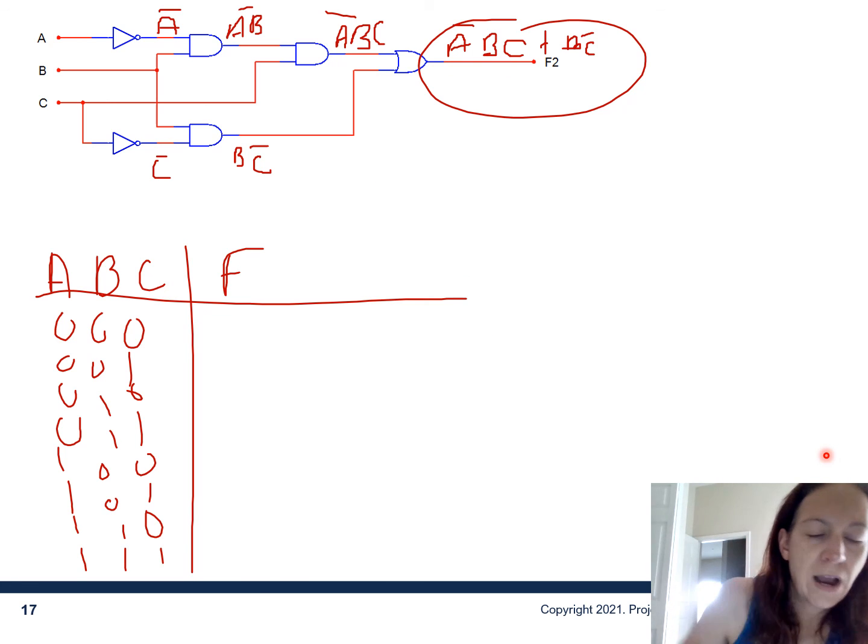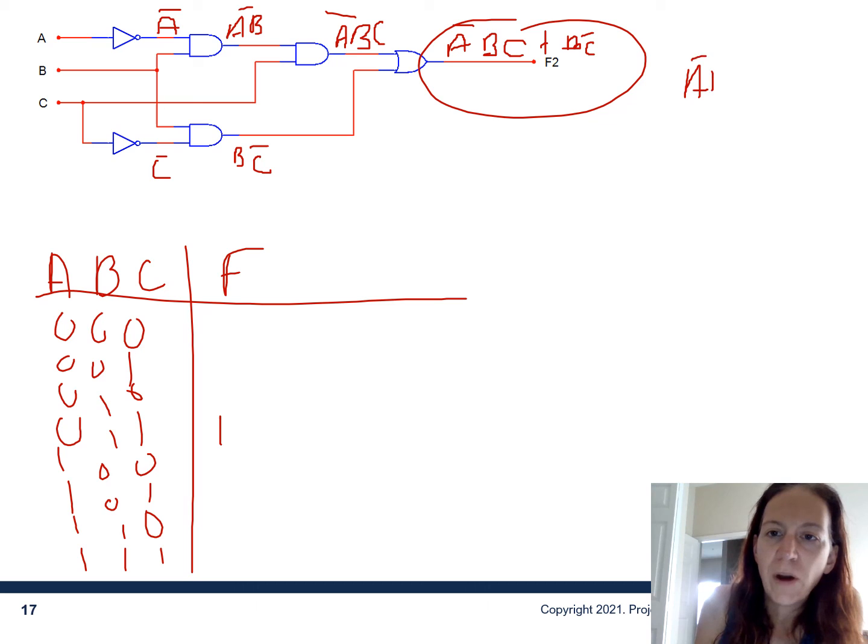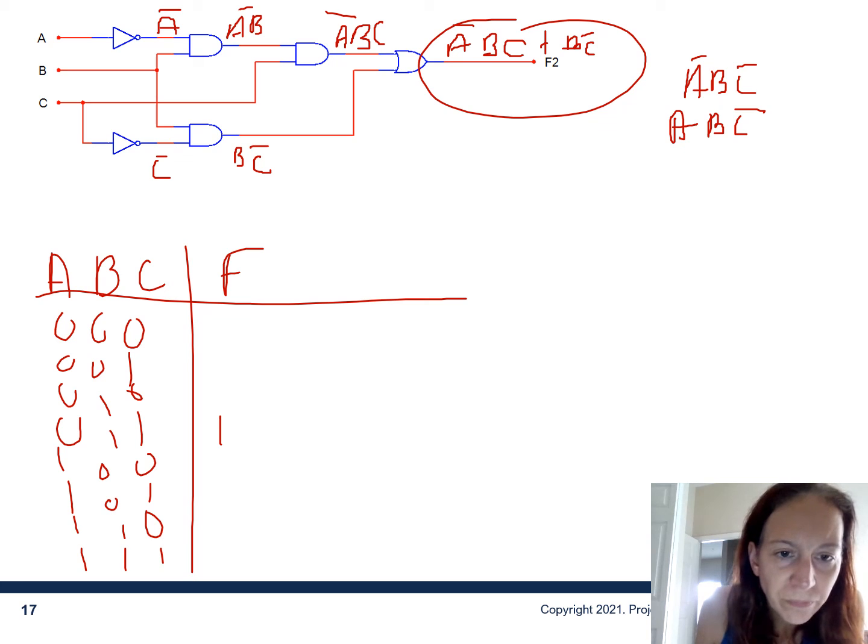So it's going to go high right here. So 0, 1, 1. And then we have B, C bar, which means that the A doesn't matter. So it would be A bar, B, C bar, and also A, B, C bar. In other words, the A doesn't matter. So this would be 0, 1, 0. And this would be 1, 1, 0.